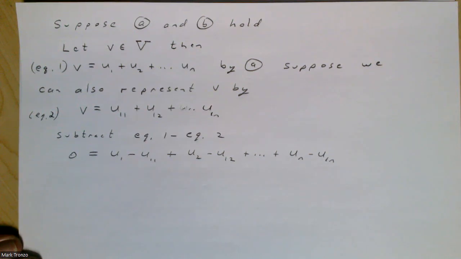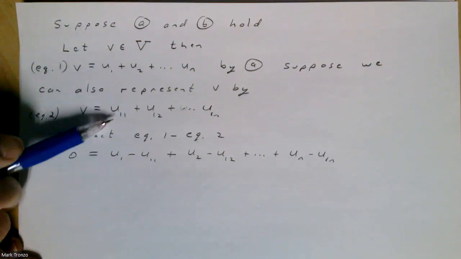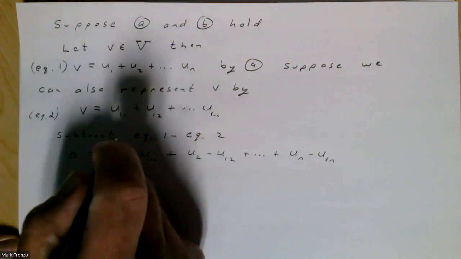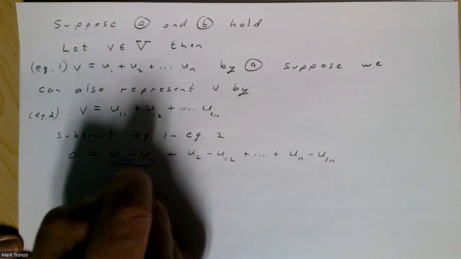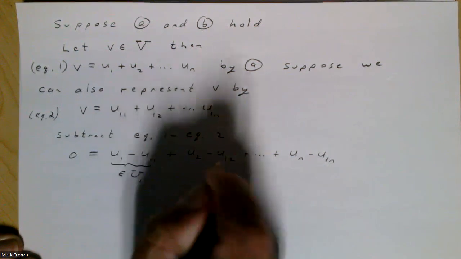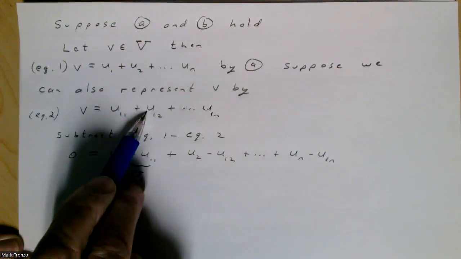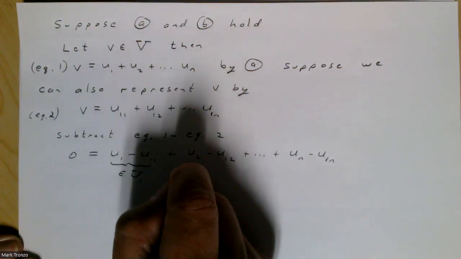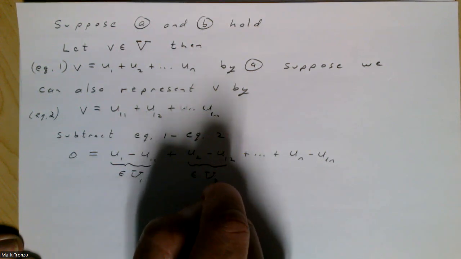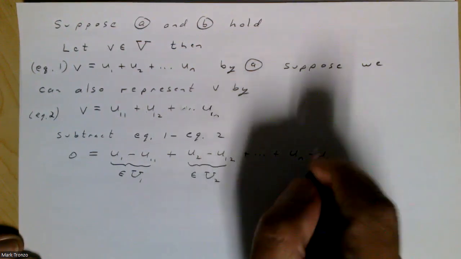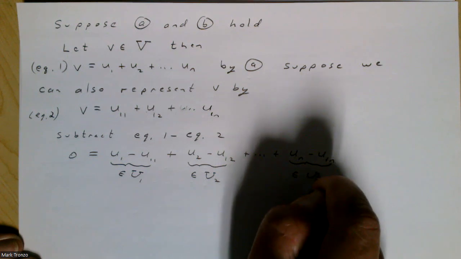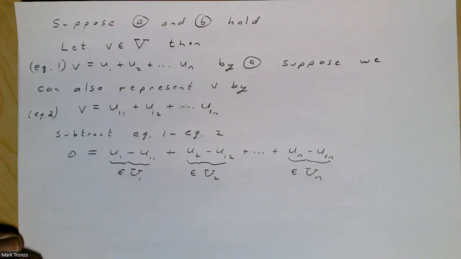Now remember, again, we look up here, these were both in the subspace U1. So let's just mark that. Those are in U1. And this one was from here. That was in the subspace U2, etc. All the way up here. This was in the subspace UN.